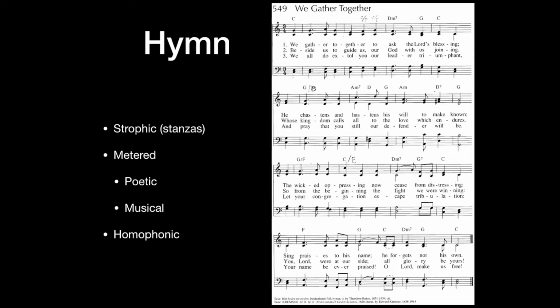And there's that texture, homophonic texture. So if you look at the music here, you see two different staffs. The very top staff is what's called the treble staff, or a G clef, treble clef or G clef. And then below that, you see a bass clef, or what's called also an F clef.